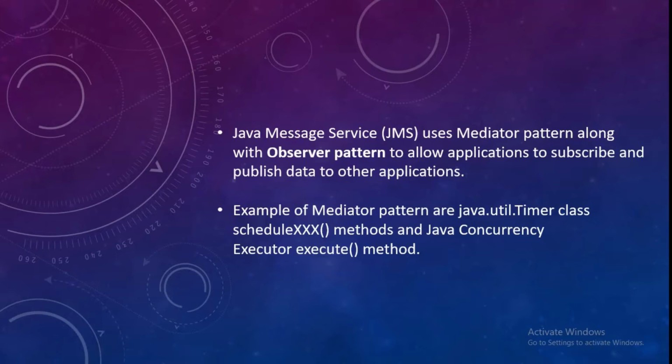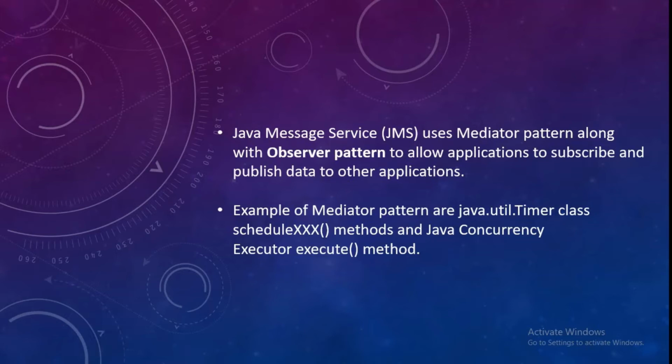The Java Messaging Service has a sender and receiver, where one topic class has that kind of mediator behavior, where sender and receiver are both registered. So the topic instance is implemented on the basis of the mediator pattern.